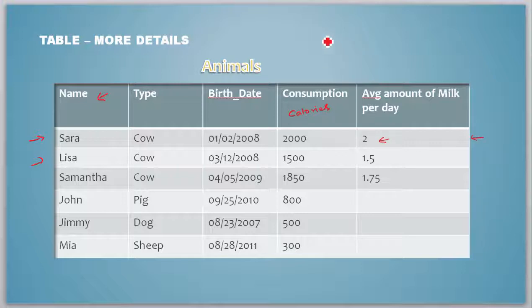Okay, so we know about columns and then we know about rows. But then there are more elements that are part of the structure of the table. For example, the type of data that can be written in a column. So for example, for this column name we can specify a type of text. I'm just using the generic word text, meaning that it allows text to be part of this column.